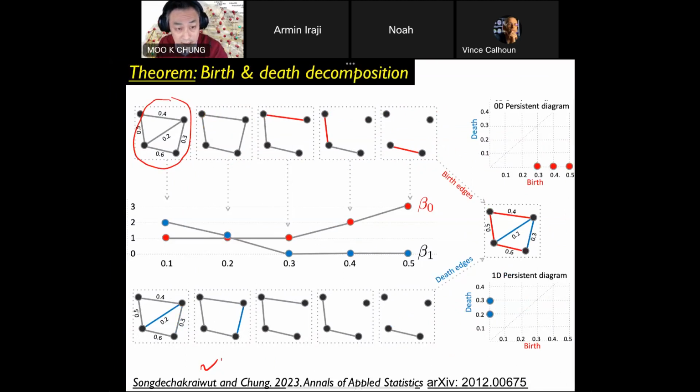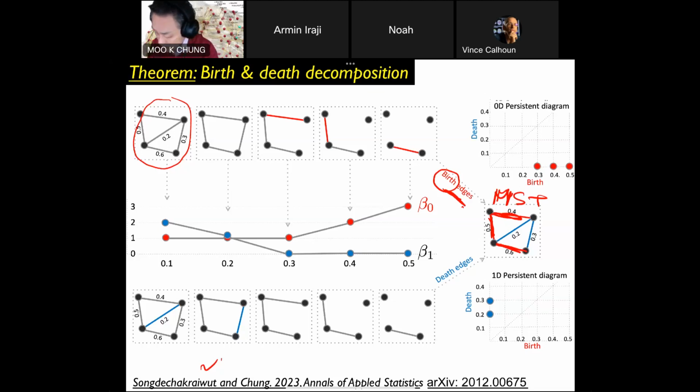So any edges that create a component, we're gonna call them the birth edges. Then all the edges, if you combine them, actually form a maximal spanning tree, MST. Okay?